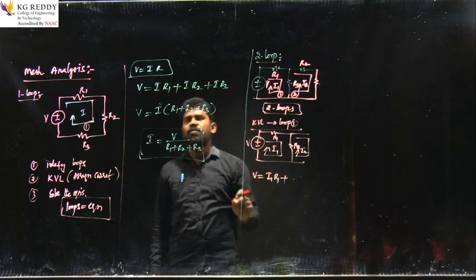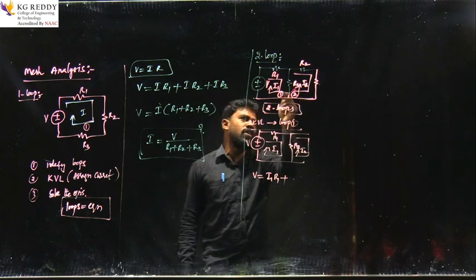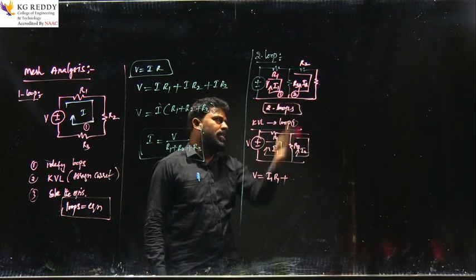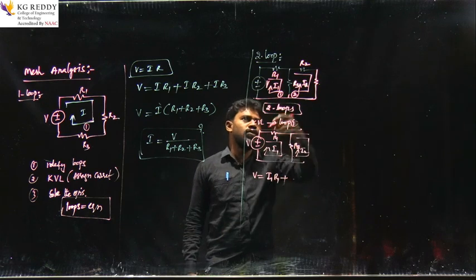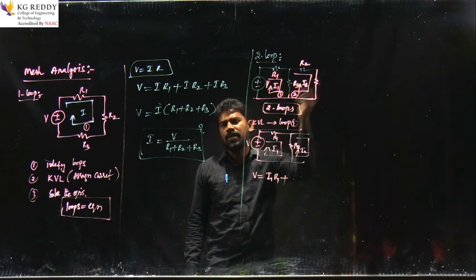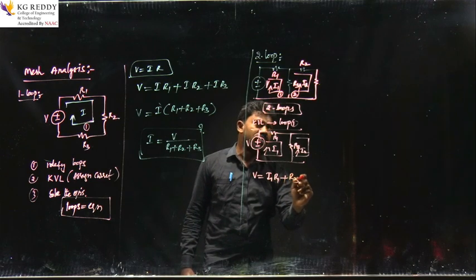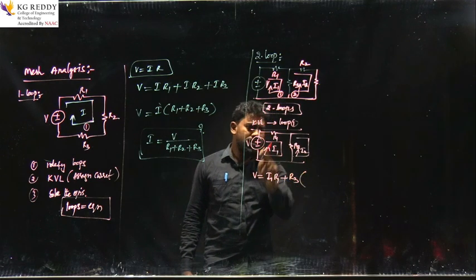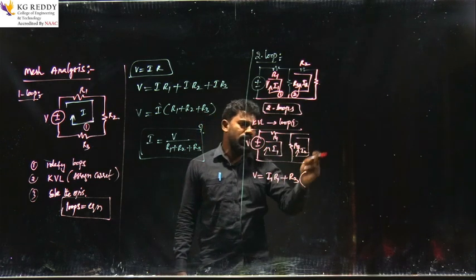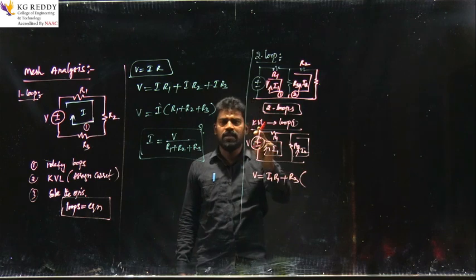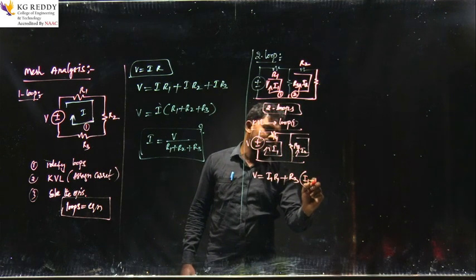This R3 element is common for both loop 1 and loop 2, so it allows both I1 and I2 currents. R3 is the common element, and I1 is the higher potential, then I2 is the lower potential. Because we are applying Kirchhoff voltage law to loop 1, it is I1 minus I2.